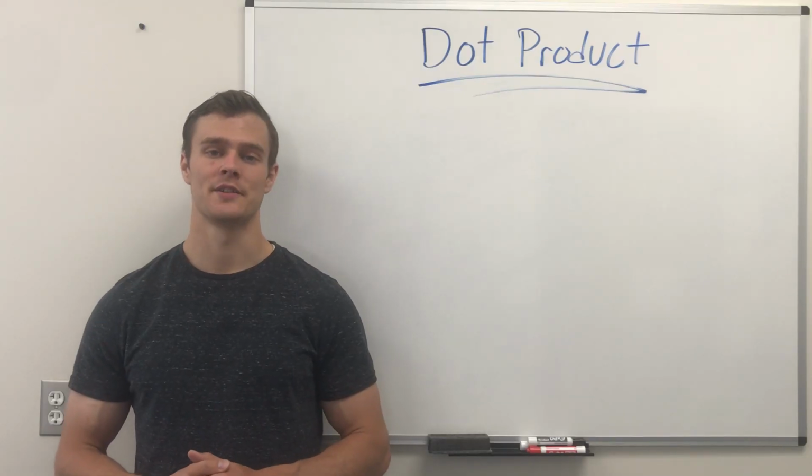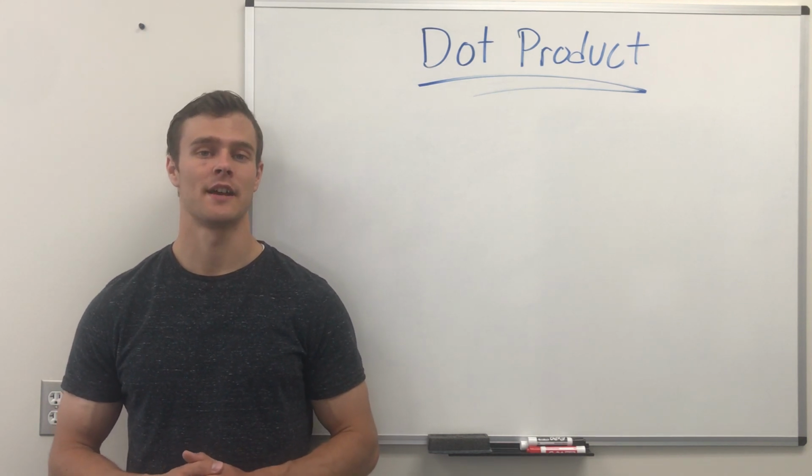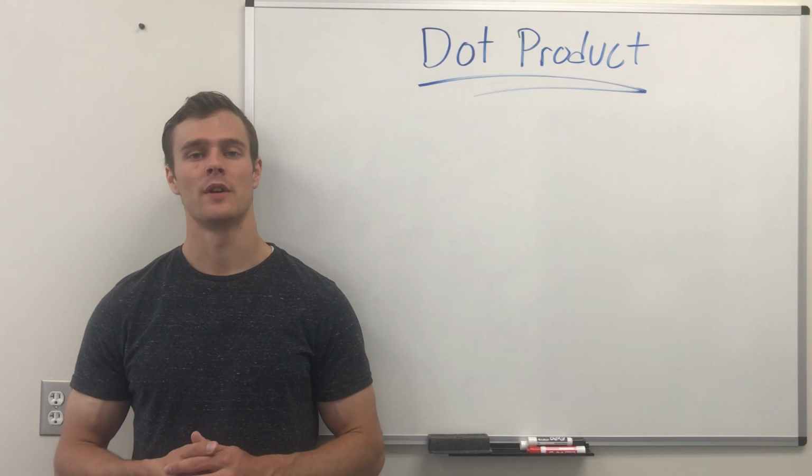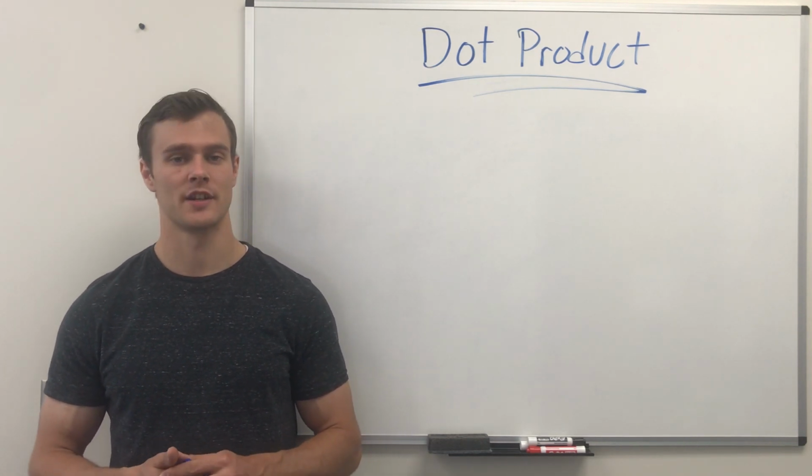So the dot product is a way of multiplying two vectors where the result is a scalar value, or a vector with no direction, it just has a magnitude. Or in other words, it's just a number.